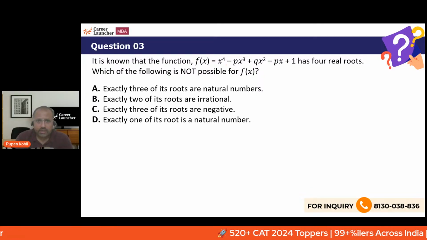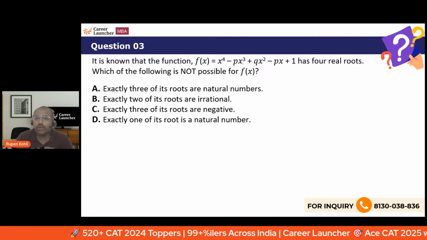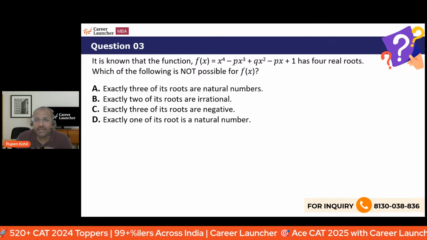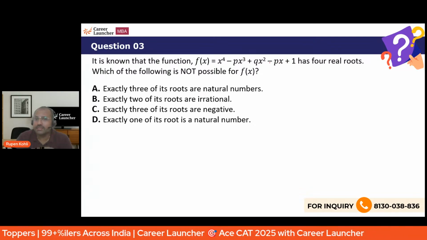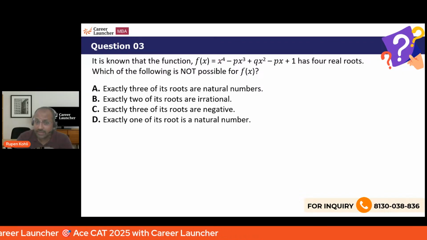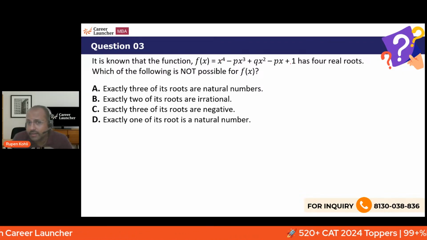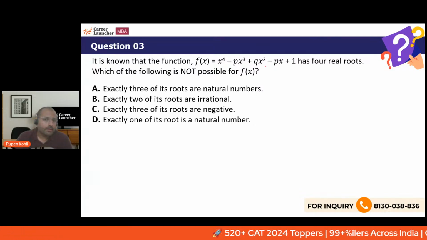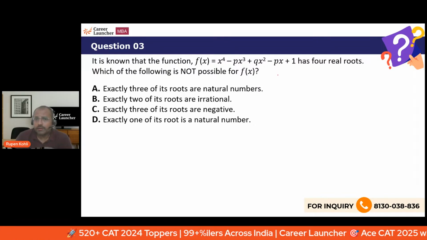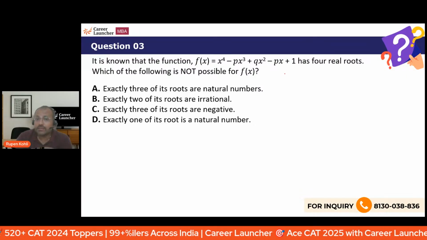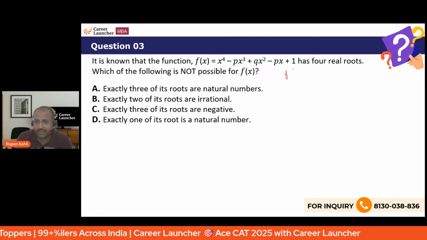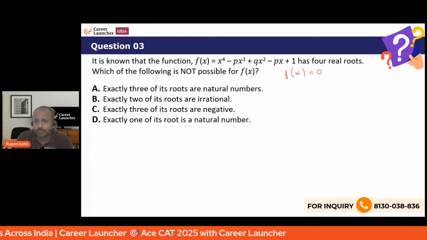Now, the first thing to notice is the kind of symmetry in this polynomial. You have minus px cube and you have minus px, the same coefficient. You have x power 4, you have 1. So the coefficient is 1 here and the constant term is 1 here. My point is, in this polynomial, let's say alpha is a root, that is, f of alpha is 0.